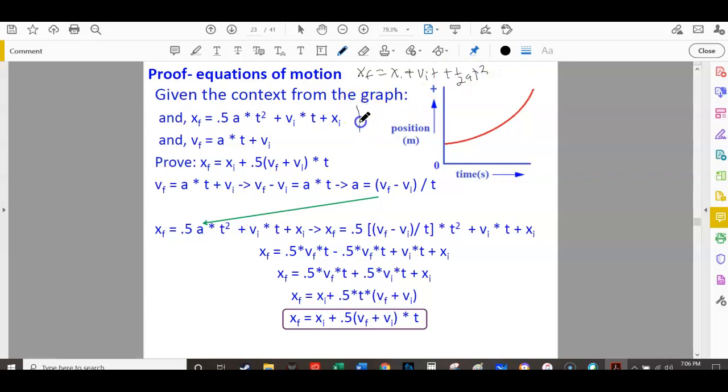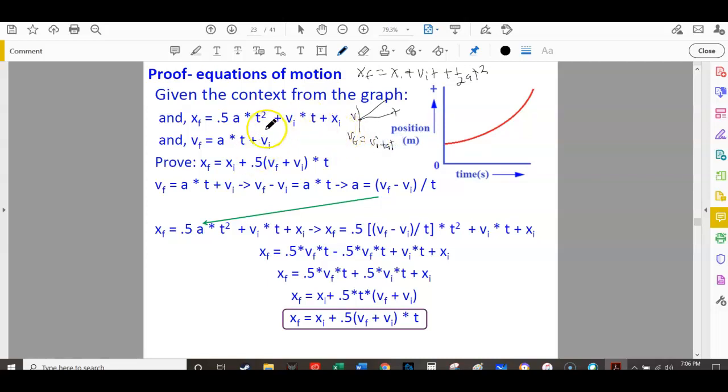And we also know on a velocity versus time graph that something like this would look like this curve fit, okay? That would be v final equals v initial plus at, right?